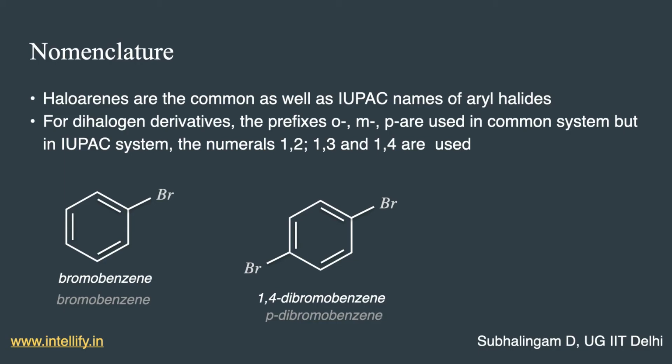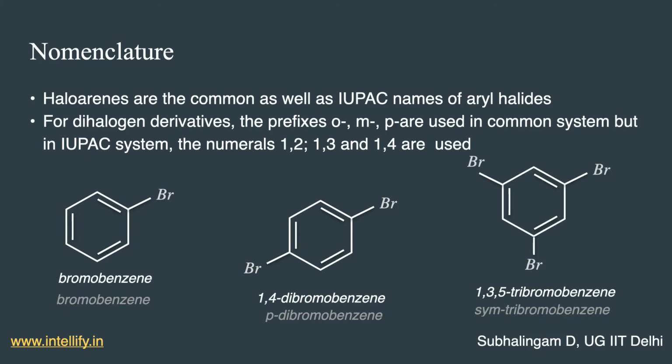But in IUPAC, we use numbers and say it as 1,4-dibromobenzene. And we have this tri-substituted benzene, which in common name, in layman terms, we say is symmetric tribromobenzene because the substitution is symmetric. But in IUPAC nomenclature, we say it as 1,3,5-tribromobenzene.